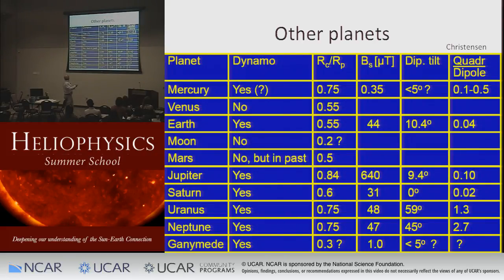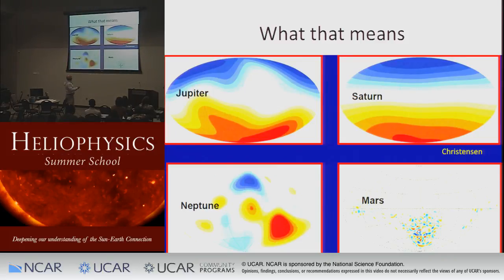Here is a sort of a discussion of how these things have magnetic fields. Here we see what was alluded to. Well, we'll see it actually even better here. This is a similar plot to the ones I showed you for Jupiter, for Saturn, for Neptune. Mars, does this look like it's being generated?